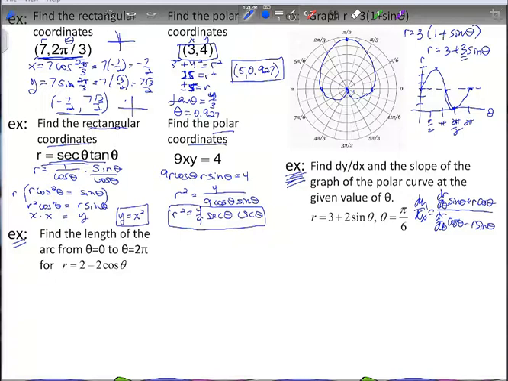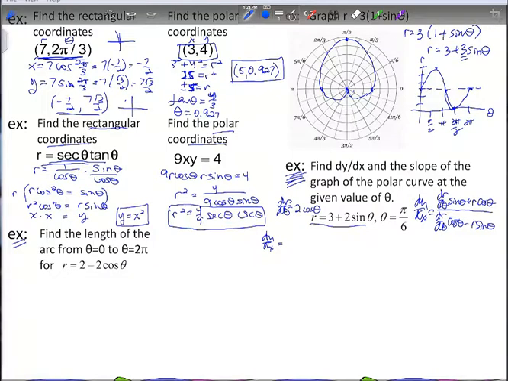Now let's use our formula. Alright, so we need a little bit of room. I know you're just surprised about that. So dy/dx equals dr/d theta. Well, this is our r equals, so let's find dr/d theta. So the derivative of 3 is 0. The derivative of 2 sine is 2 cosine.